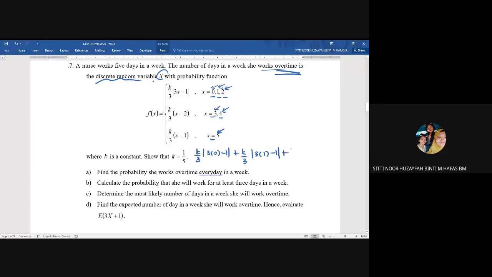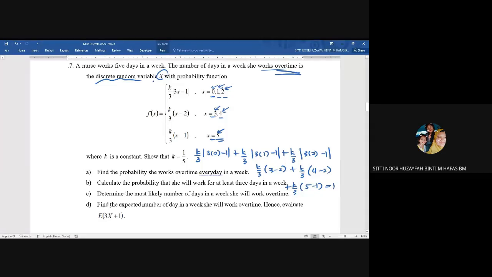And then k over 3 of the absolute value of 2 minus 1. And then for 3 and 4, we just continue here. So k over 3 of 3 minus 2, plus k over 3 of 4 minus 2. And for 5, it will be k over 3 of 5 minus 1. So all of these added up should be equal to 1.